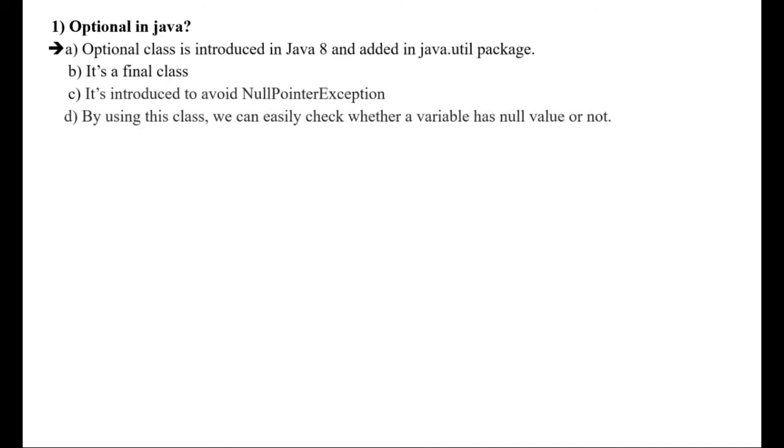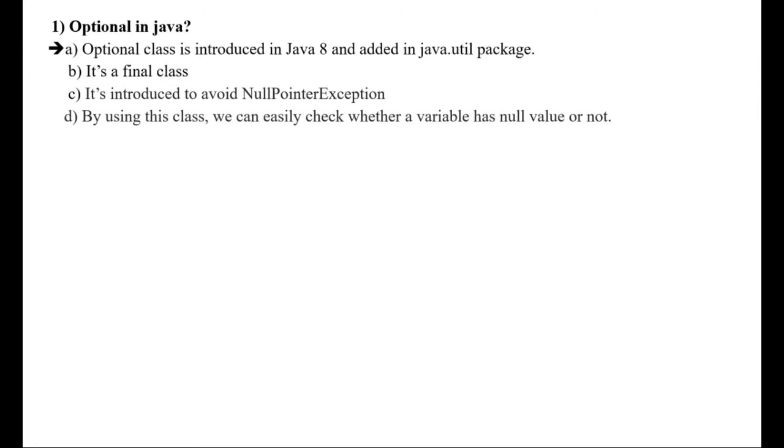Optional is a final class which is introduced in Java 8 and defined in the java.util package. Optional is used to avoid the null pointer exception. By using Optional, we can write neat code without using too many null checks.